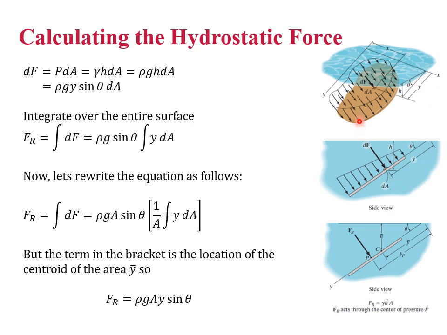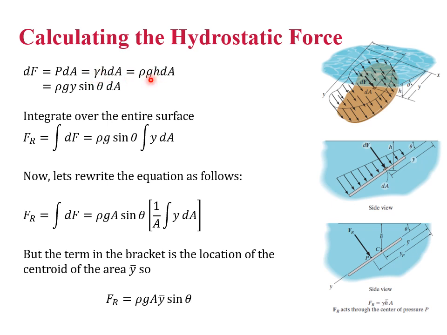So to calculate the differential force at a certain position, all we need to know is the pressure times the differential area. So here's our point of interest. The differential area is dA. The pressure is whatever the pressure is at that vertical depth, which is gamma h, so gamma h times dA.